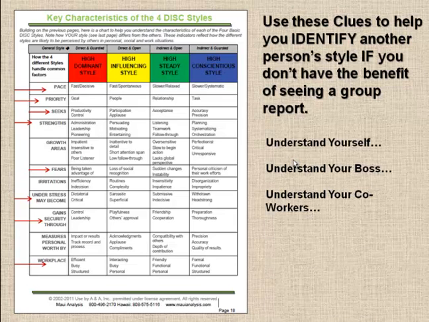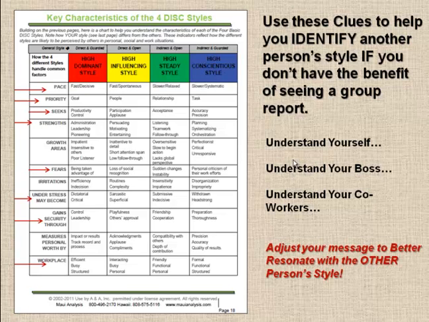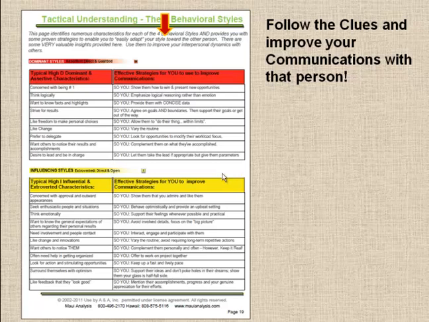Understand yourself, understand your boss. That should probably be job number 1. And then understand the key coworkers so that you can adjust your message to better resonate with the other person's style. Now here are some more really powerful pages starting on page 19, breaking it down into each of the 4 factors.